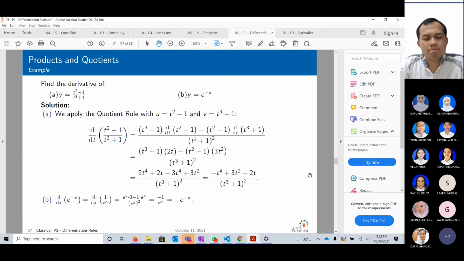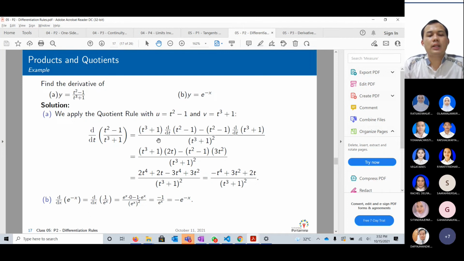Sir. Ya. Wait. Itu yang di bagian pengerjaan yang A itu, Sir, yang pertamanya itu gimana ya? Kan kita punya aturan pembagian ya. Jadi t kuadrat min 1 dibagi t pangkat 3 plus 1 kita turunkan terhadap t.